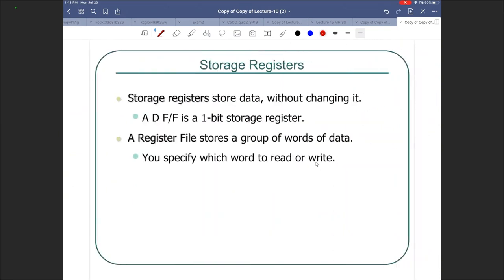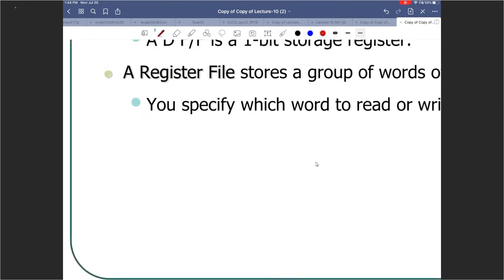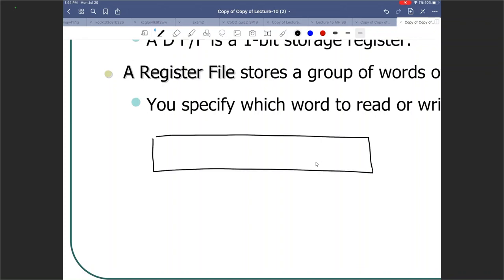All right, so storage registers store data without changing it. Keyword, without changing it. This is just a placeholder for a bit. And the best flip-flop that suits this is the D flip-flop. A D flip-flop is a 1-bit storage register. Now, how do you know that a D flip-flop is a 1-bit storage register? Where is it storing? Well, if you wanted to represent a register, you usually use this.